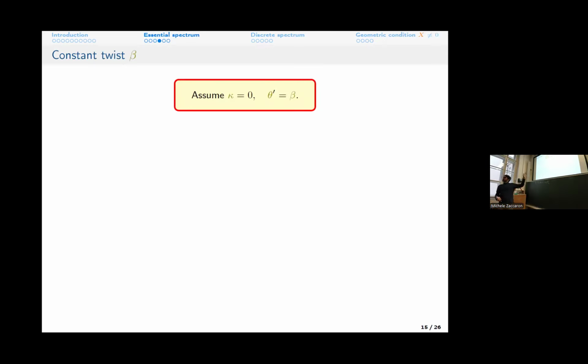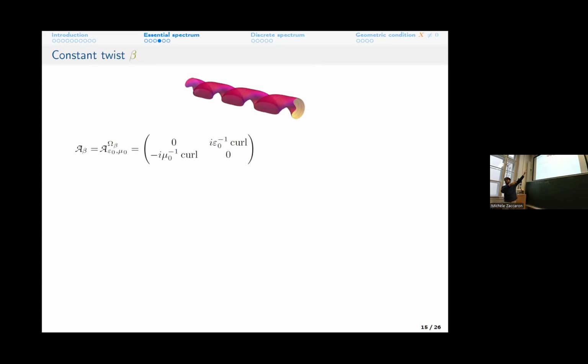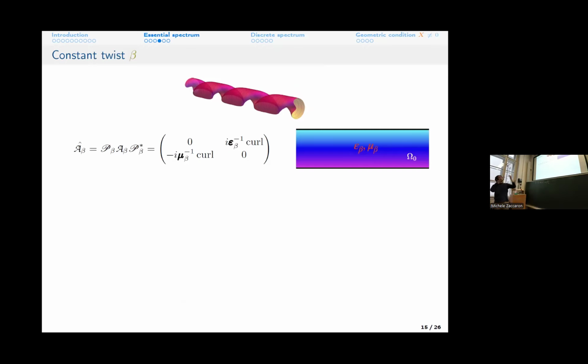We can do this procedure in the case, as I told you, of a waveguide where k is everywhere equal to 0 and twist is everywhere equal to beta. So in this geometry, we have the Maxwell operator in vacuum. We pull back our operator. We have a Maxwell operator on the straight waveguide omega 0, where now the new coefficients epsilon beta, mu beta have a particular characteristic.